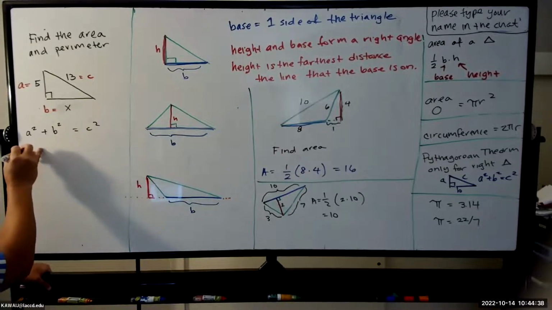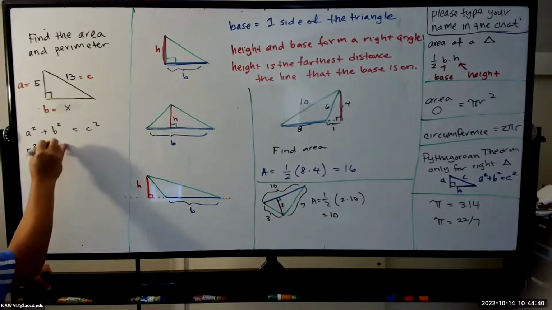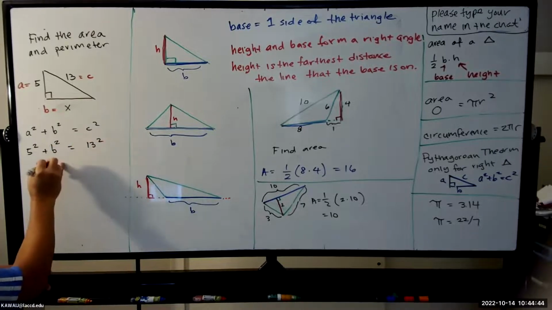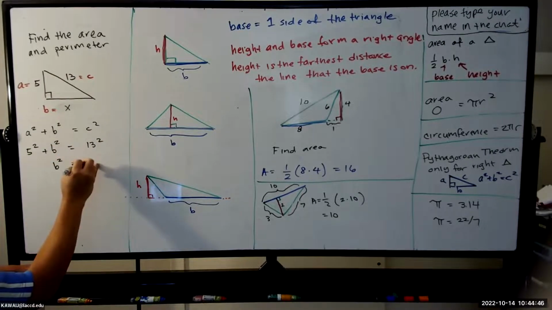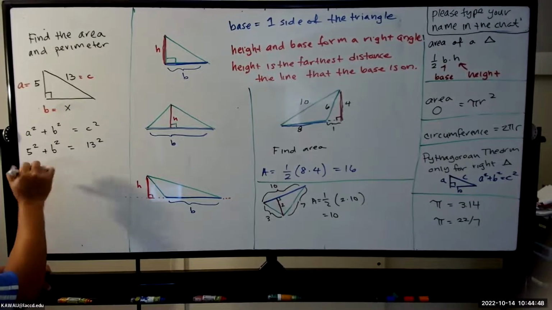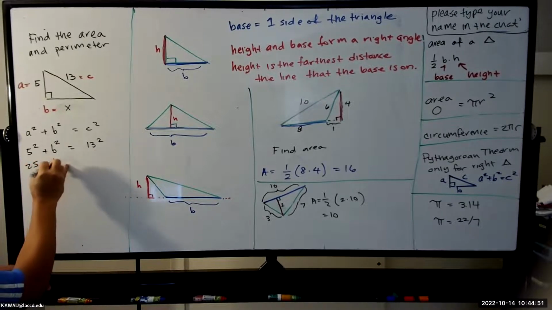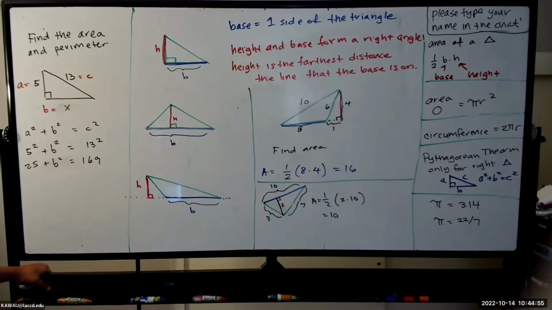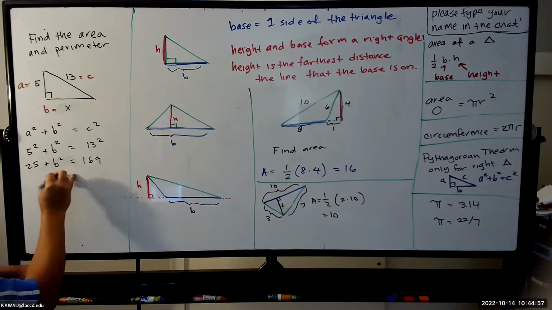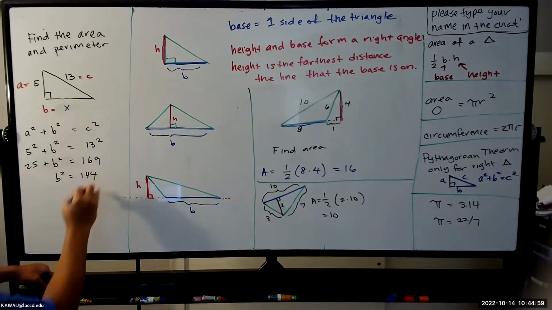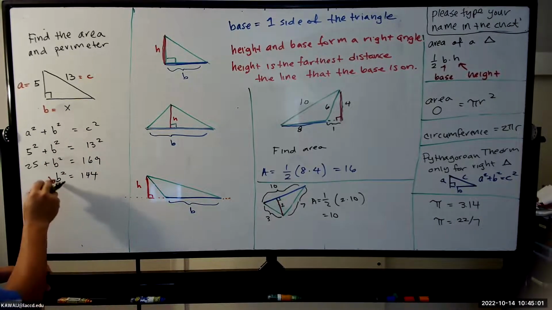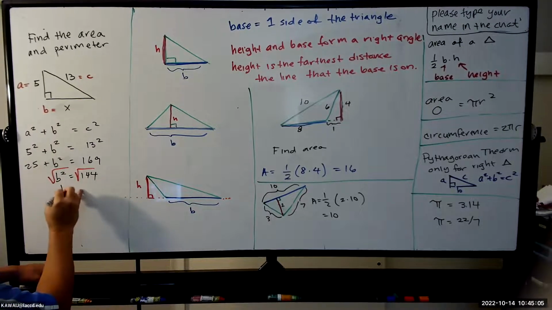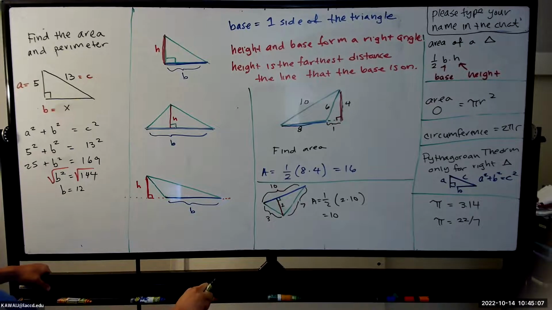And we get 5 squared plus B squared is equal to 13 squared. So 25 plus B squared is equal to 169. Okay. So we get B squared is equal to 144. And then let's square root both sides. B will be equal to 12. Okay, so that's 12.